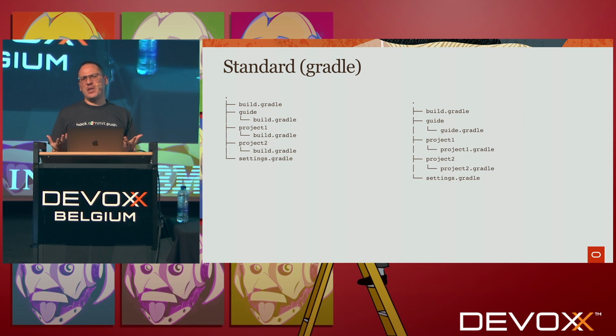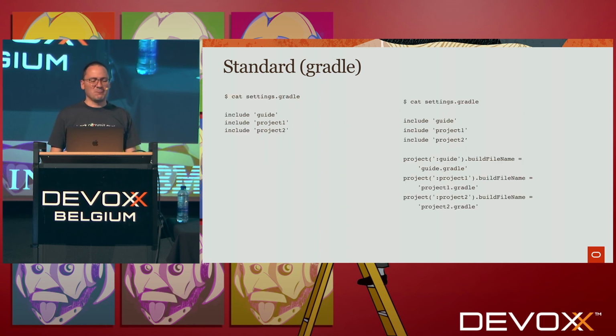And there's a little bit of code that you have to add to the settings of the Gradle file. If you follow the conventions, just apply the code on the right side, on the left side. But if you want to change the name of the project file, then you have to do the other thing. So for 3 projects, it's not so bad. But if you have a big project with lots and lots of modules, this is going to be a problem, right?